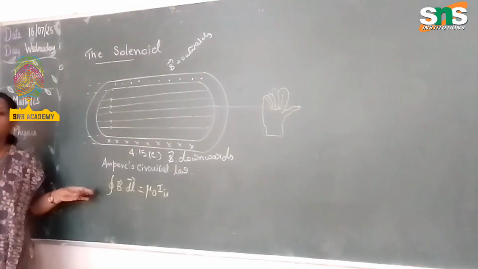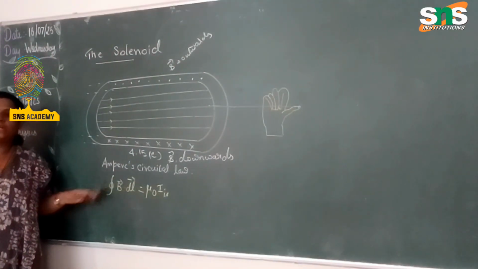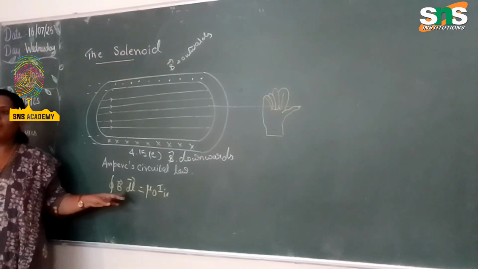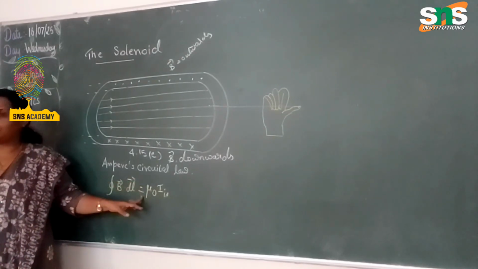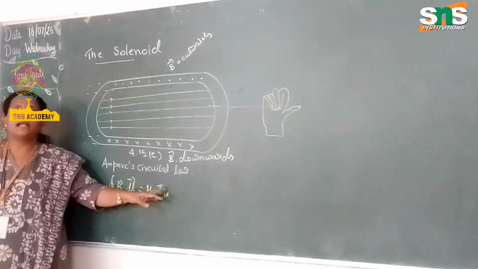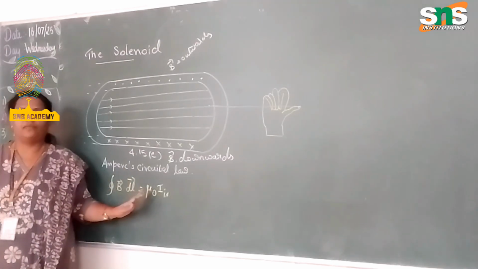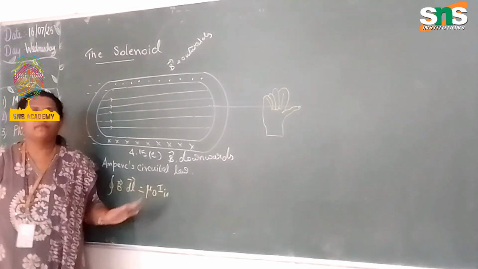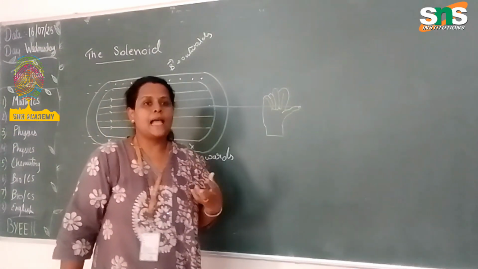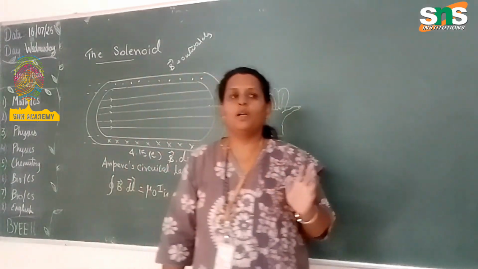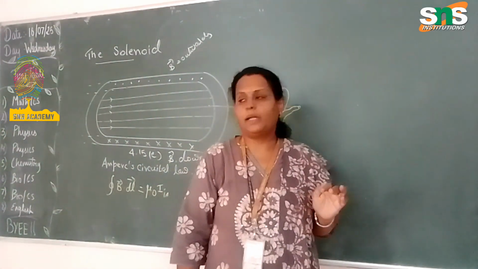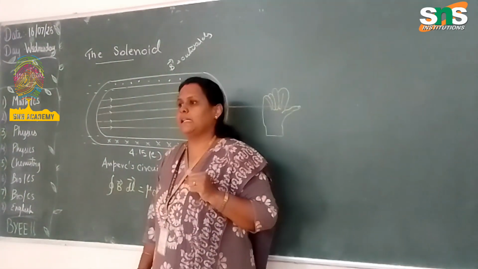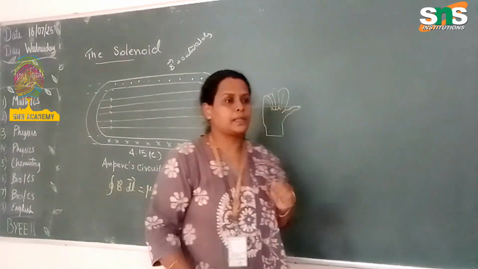This is the closed line integral of B vector dot dl vector, that is equal to mu naught times the current inside the surface. And we have discussed that this Ampere's circuital law works very well for symmetrical shapes. Yesterday we considered a circle and discussed it, am I right?